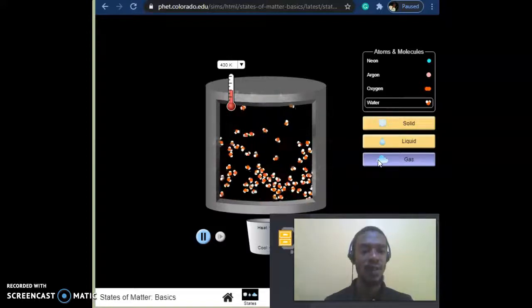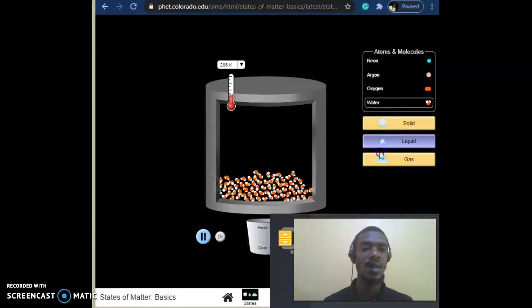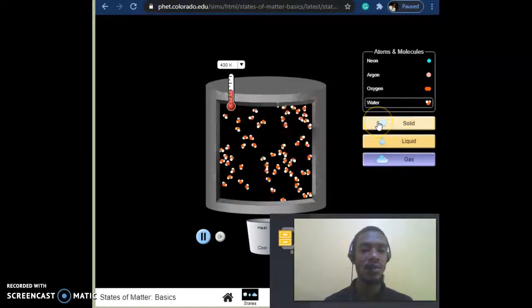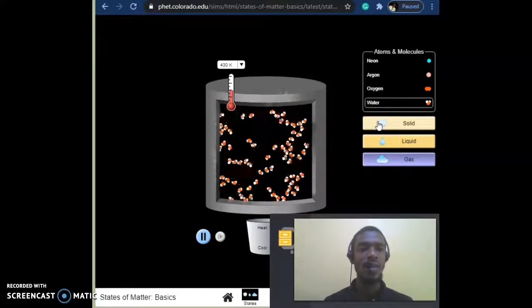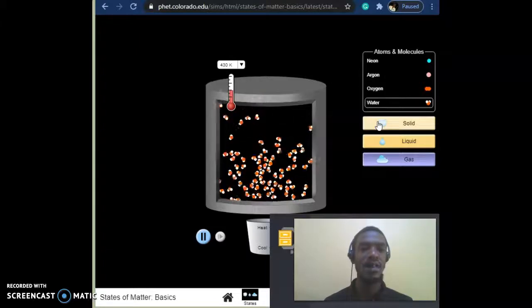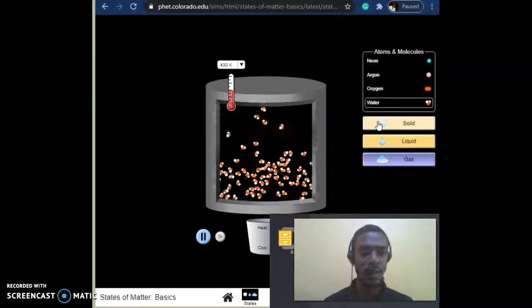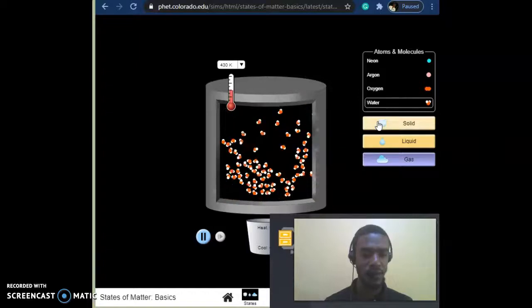They move differently depending on the state of matter, but the particles are always moving.